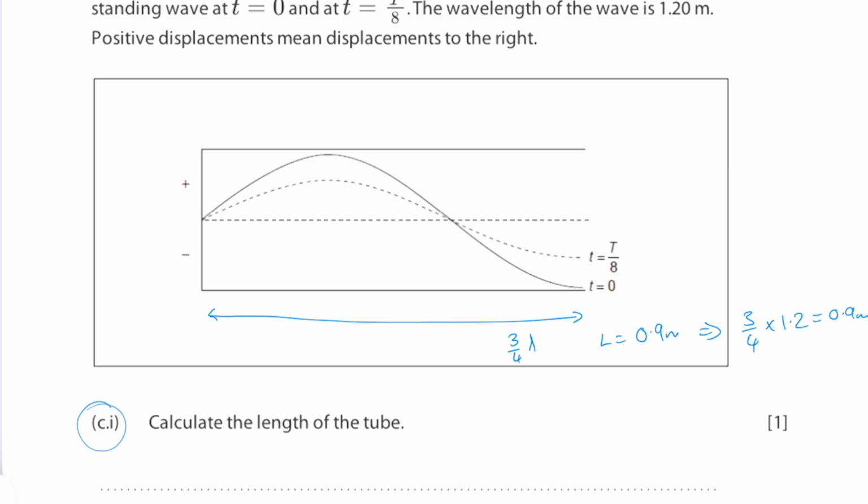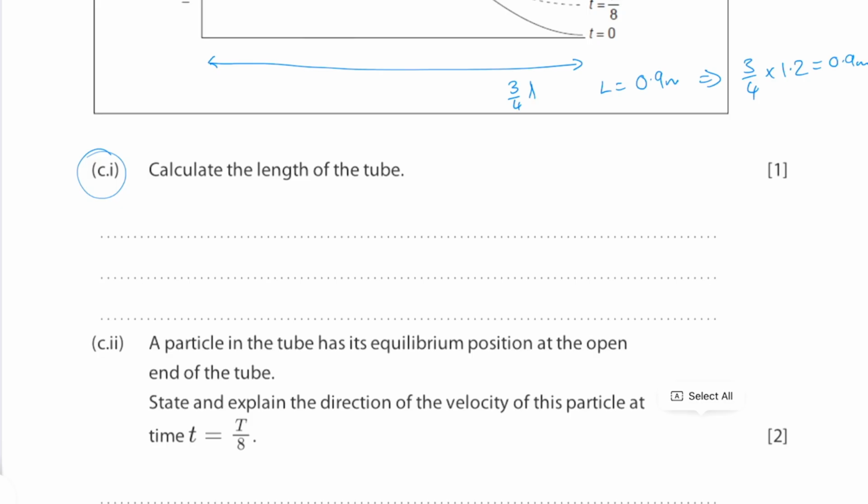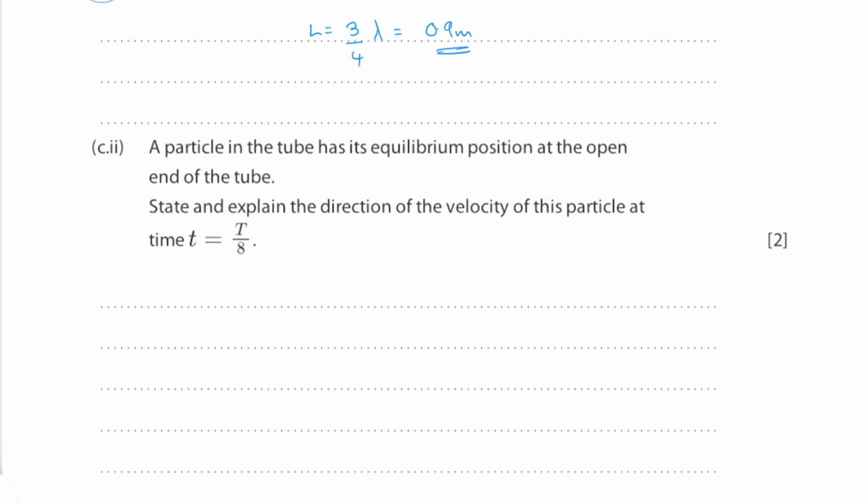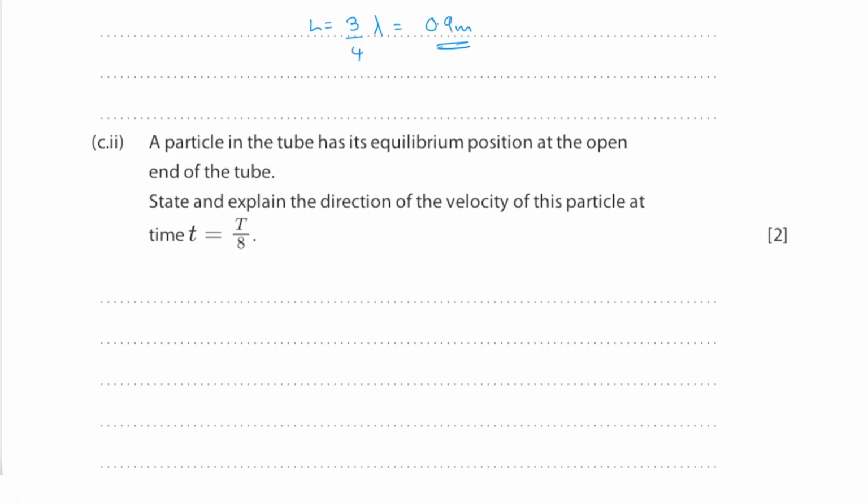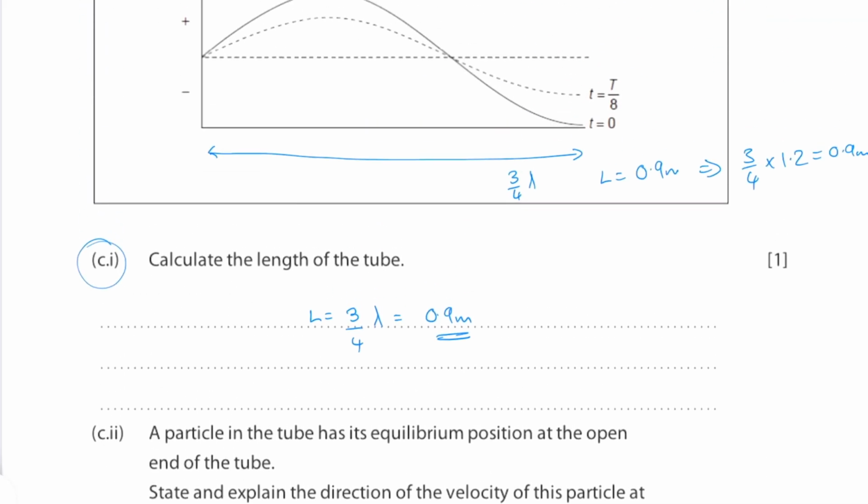Oh, which is actually C1. Calculate the length of the tube. The length of the tube is L equals 3/4 times the wavelength, which is 0.9 meters. C2. A particle in the tube has its equilibrium position at the open end of the tube. State and explain the direction of the velocity of this particle at time T over 8.